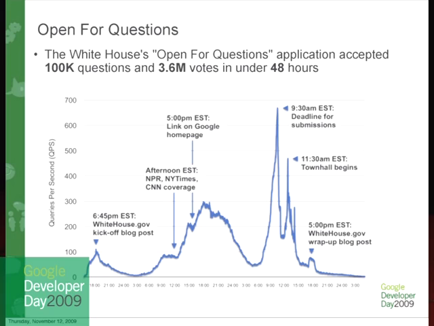You buy enough servers for 700 queries per second, perfect. But look at that, you only needed it for a few minutes. The rest of the 2 days, you had lots and lots of idle time that would be wasted. With AppEngine, we spin up more servers when there's more traffic, and we spin down when there's less. And we do it completely automatically, so there are no knobs or dials to turn.